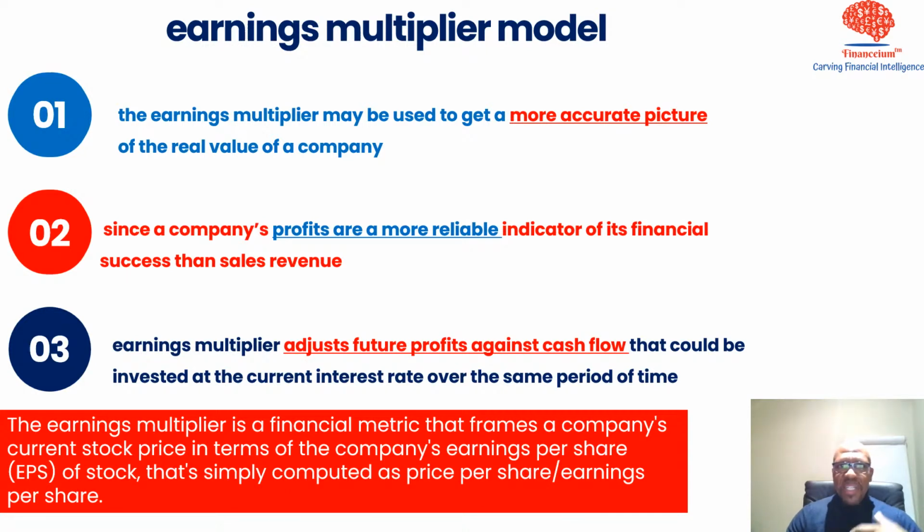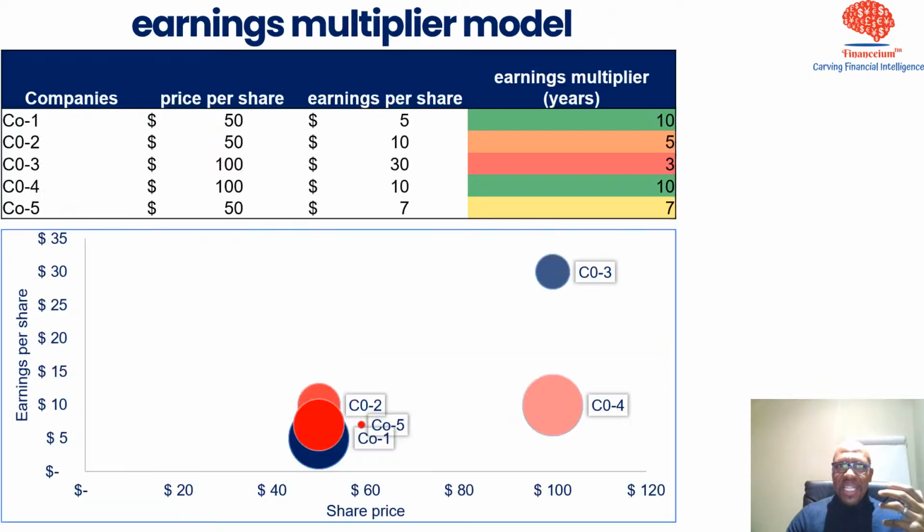Now, let's delve deeper and look at how this will look. Let's assume we've got 5 companies, company 1, 2, 3, 4 and 5, trading at $50 per share, $50 per share, and $150 per share. When you look at the earnings per share, remember, we look at what we retained as a proportion of shares outstanding. That's where we get the earnings per share.